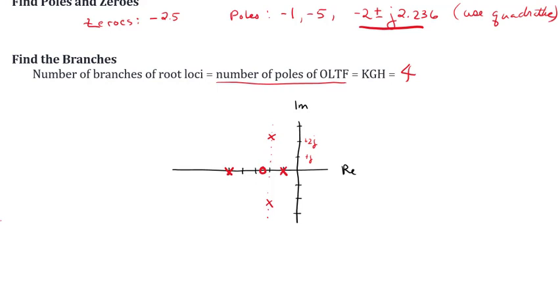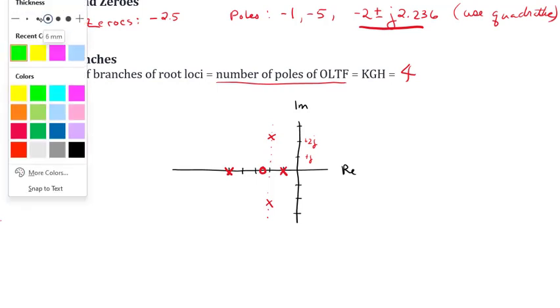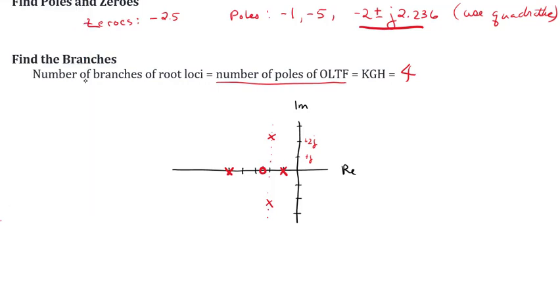Okay, so now let's determine where the branches are. We know that there's going to be 4 branches. Is there going to be a branch here? The answer is no, because there are 0 poles and zeros to the right of that. Is there going to be a branch here? Yes, there is going to be a branch there because there's 1 pole to the right of this green branch.